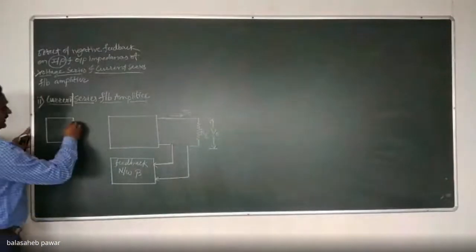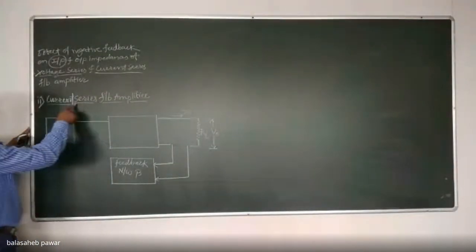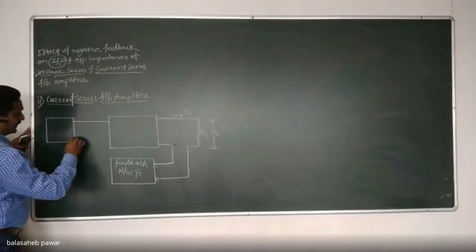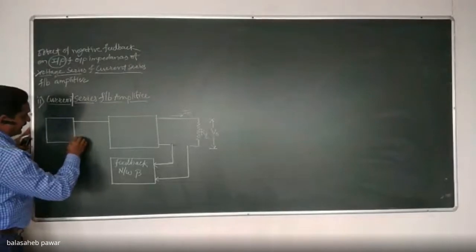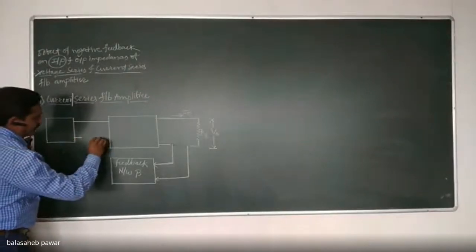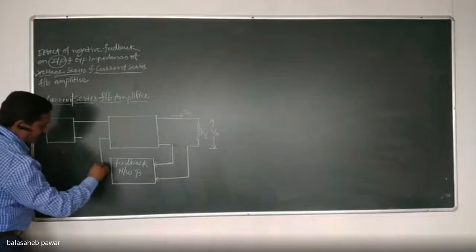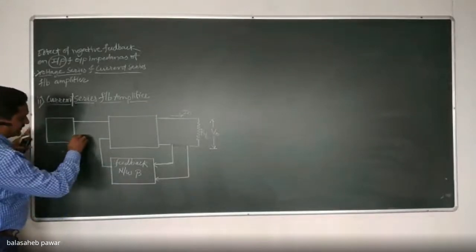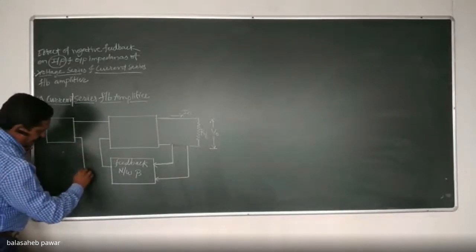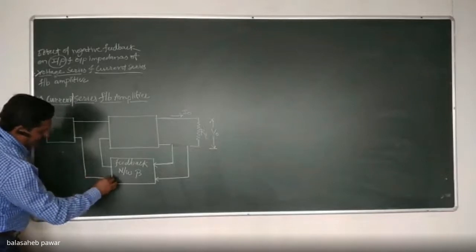Now the type of mixing: as it is series, it should be connected like this, same as the previous topology, because in the previous topology also there was series mixing. Only the type of sampling was voltage, right?